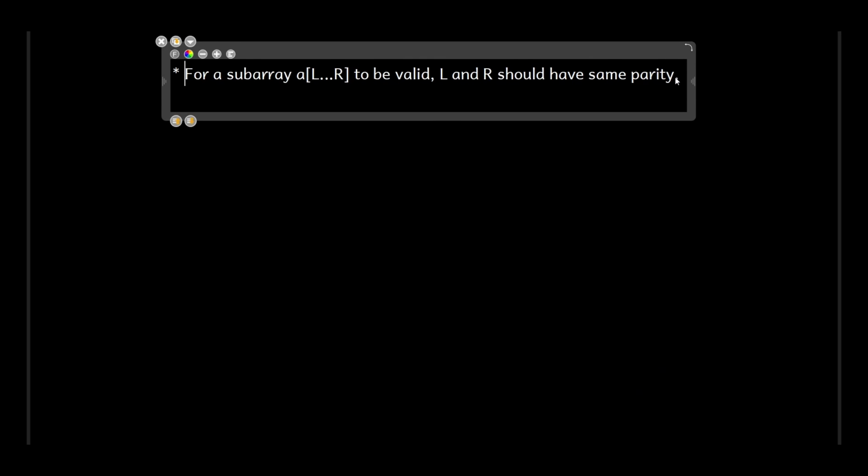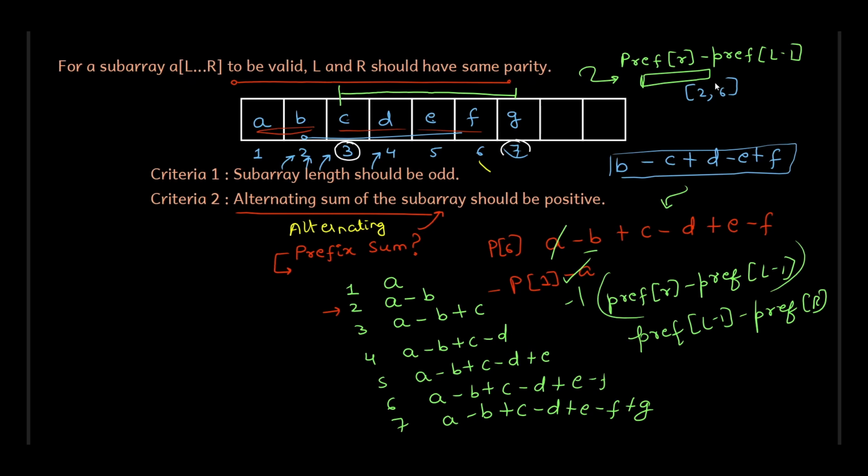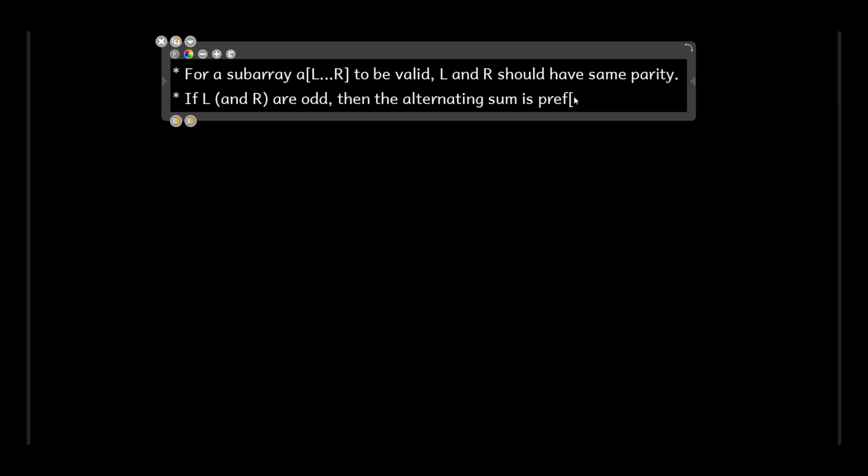And since they are of the same parity, it actually doesn't matter which one we check. So if L and R are odd, then the formula is simply prefix of R minus prefix of L minus 1.